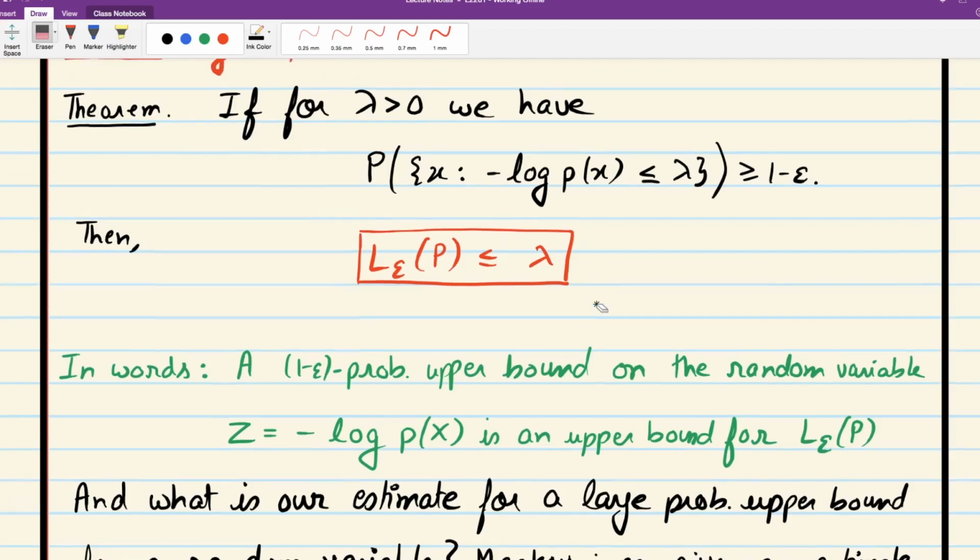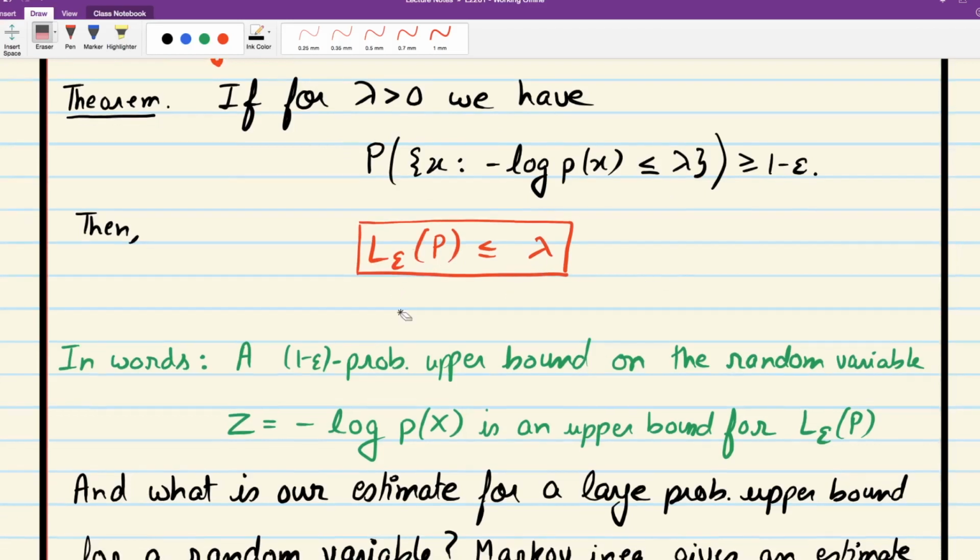Okay, so for any lambda, how do we find such a lambda which satisfies this? That's a different problem. But suppose you found it, then we have an upper bound for L epsilon p. There's a way to say this bound in words. What it says is a large probability, a 1 minus epsilon probability upper bound on the random variable. So you can think of this minus log px as a random variable. This random variable is very fundamental for this course.